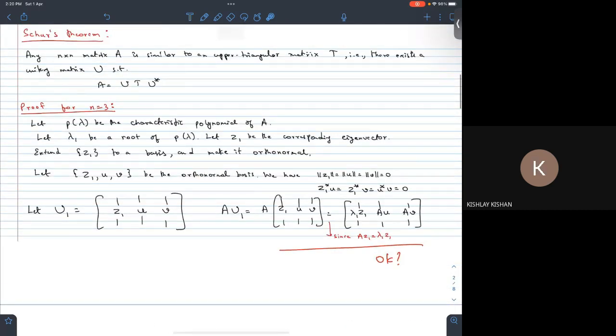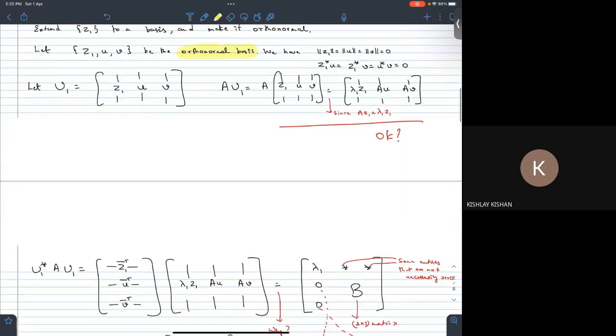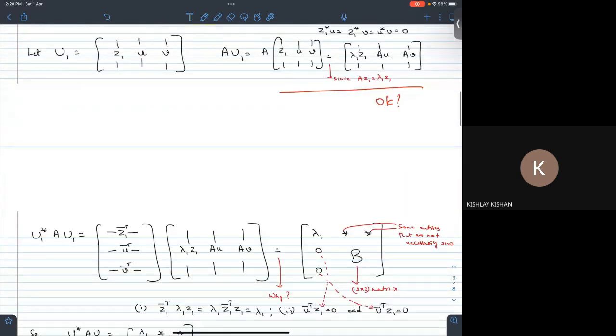The reason why we wanted an orthonormal basis was because I wanted to start making these zeros. If I take any basis, I won't get this as 0. U and Z1 are orthogonal to each other, U and V also are orthogonal, and Z1 and V also are orthogonal. So these two entries become 0.